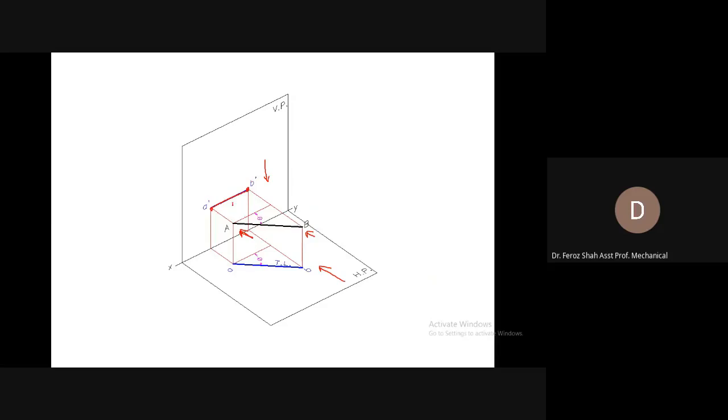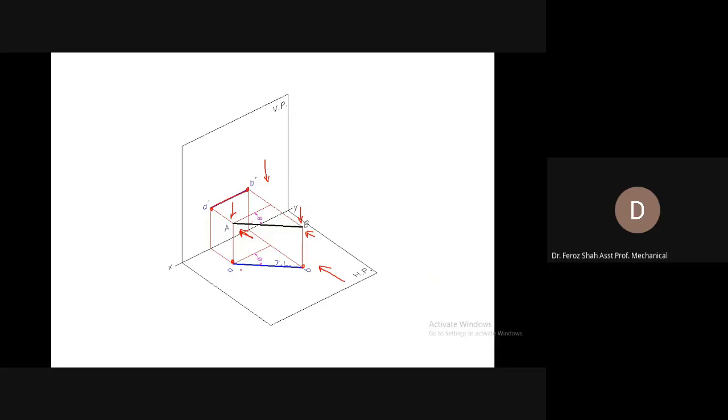For the top view, looking at it from the top, A would be projected to this position, and B would be projected to this position. These two projectors must remain parallel to each other and must also remain perpendicular to the plane of projection.